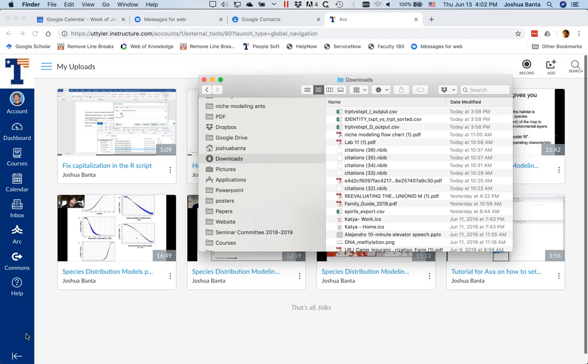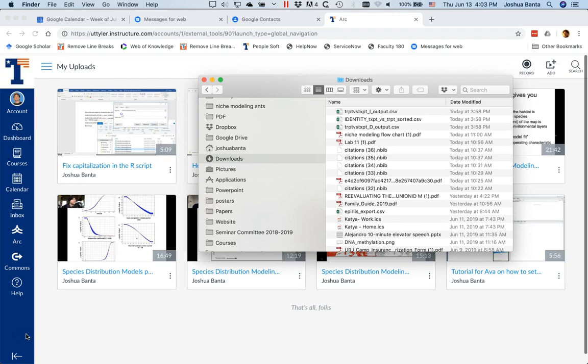Think about how niche modeling works, right? You're taking some points that you have available where you know that the species occurs, and you've got your habitat layers, so you find those associations and you make a forecast. It's just estimated based on the points that you gave it, right?